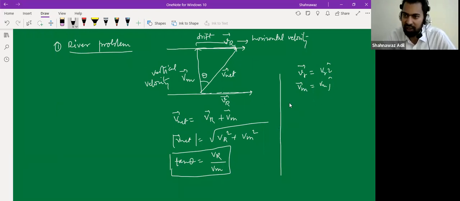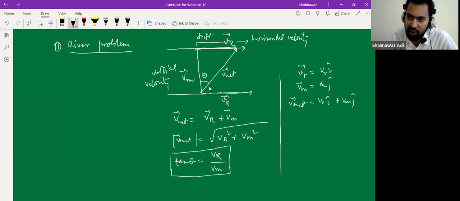And V net will be VR i plus VM j. Right.